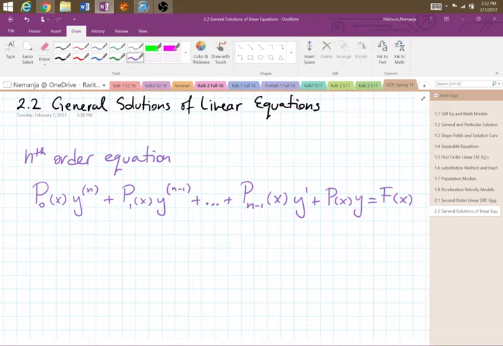So we are going to have a principle of superposition for homogeneous equations, where we take all of these y1, y2, y3, yn answers, multiply them by constants and add them all together. This is in theorem 1.